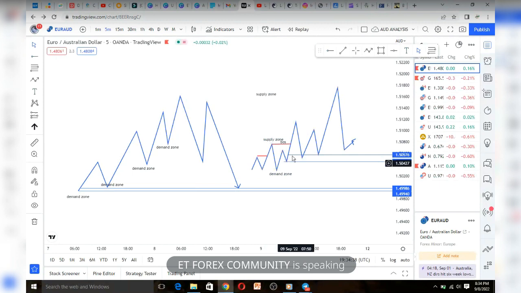If this market should come back and did something like this, it has rendered this demand zone invalid because it has broken this demand zone. But let's imagine it doesn't break this, and came back here. Once this market comes back to this demand zone, what are you expecting to do? Buy. You buy.